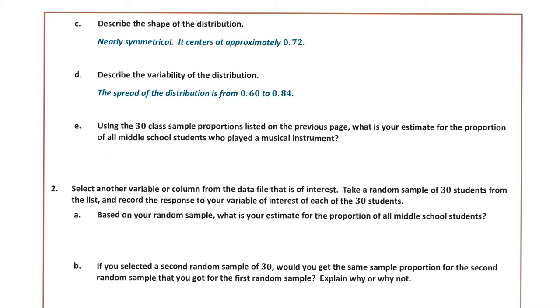All right, and then E, it says using 30 class sample proportions listed on the previous page, what is your estimate for the proportion of all middle school students who played musical instruments? So now what we need to do is to find the mean. The mean is going to be all of our data that was collected, added up, over 30.